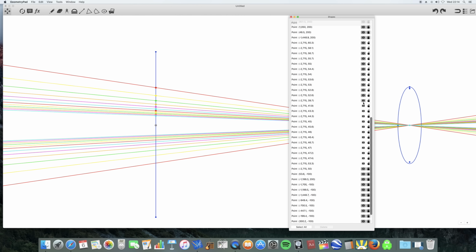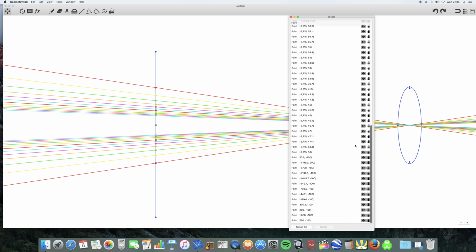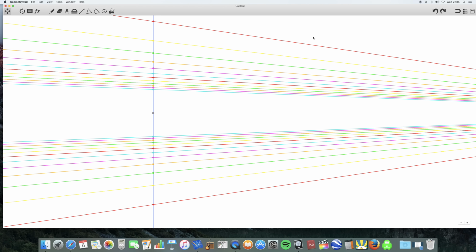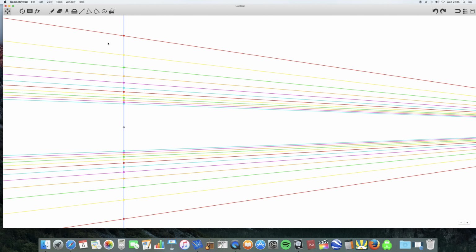Again, there should be 24 of them. There we go, I think that's them all. Okay, so here are the images of each light as they appear on the screen.